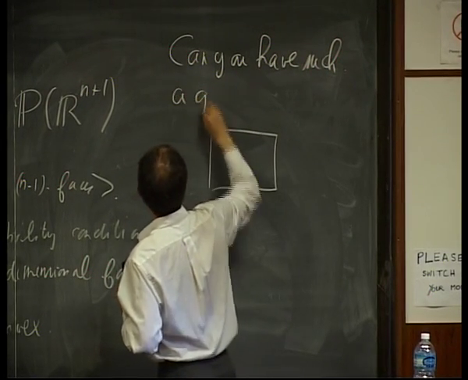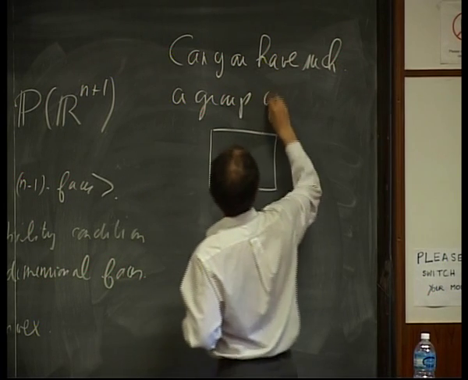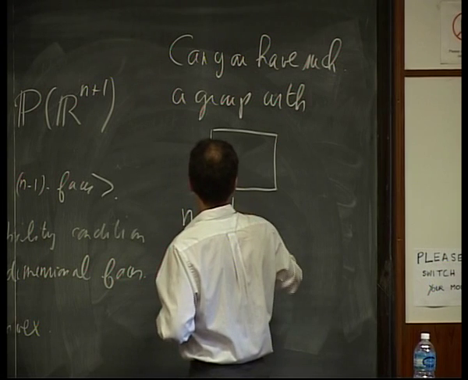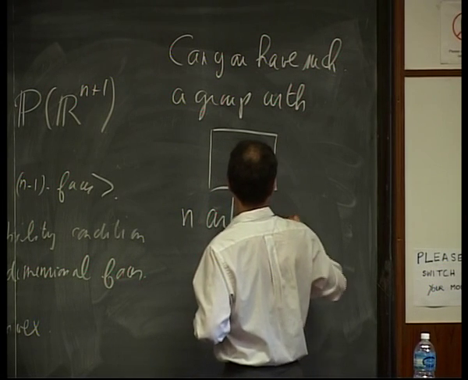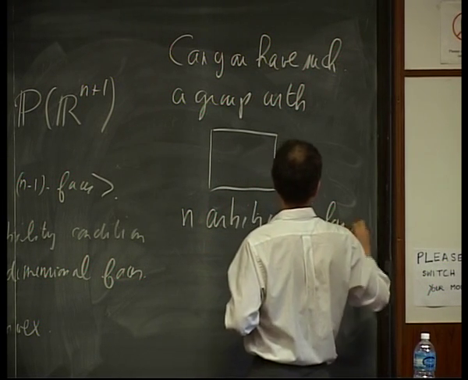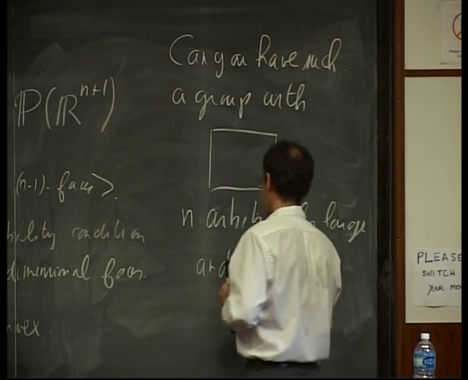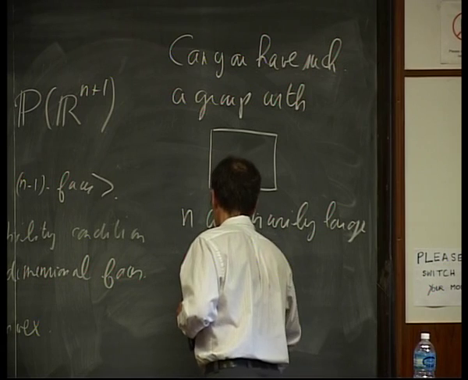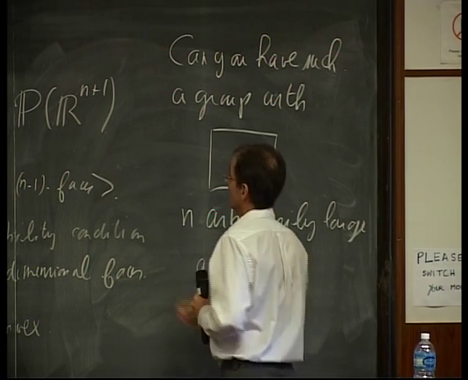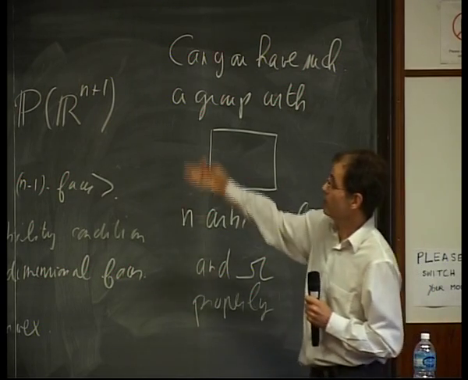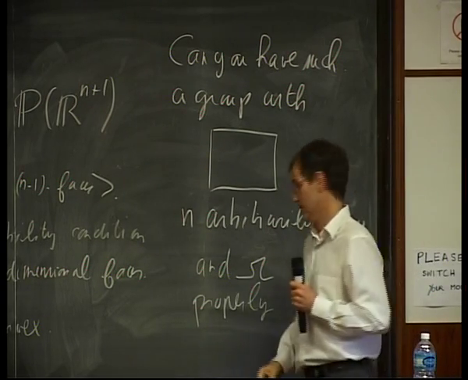Such a group with n arbitrarily large and omega properly convex, meaning its closure is bounded in some affine chart.